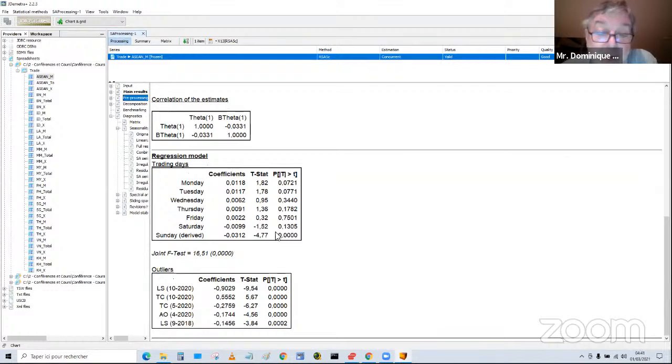And now the second step is to say, okay, does it make sense? Because what this set of estimates is telling you is just that the activity, so here the imports, are lower during the weekend, lower on Saturday and Sunday.